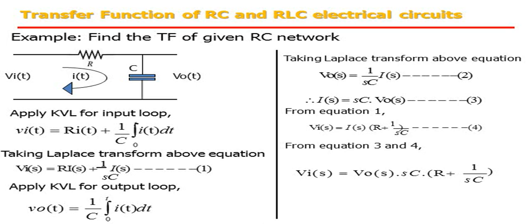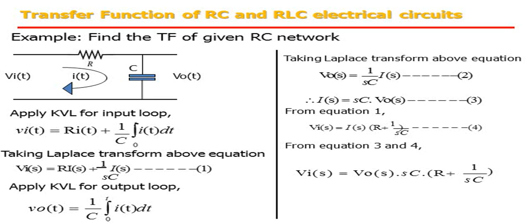So applying KVL to the input loop, we get Vi(t) = R i(t) + 1/C ∫ i(t) dt from 0 to t. Now we will take the Laplace transform of the above equation. Then the equation becomes Vi(s) = R I(s) + 1/sC I(s). Let us call it equation number 1.